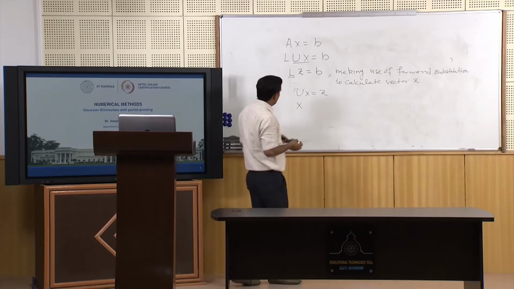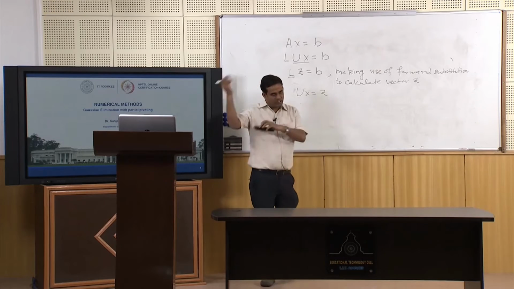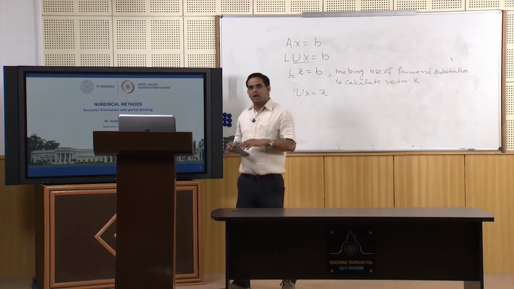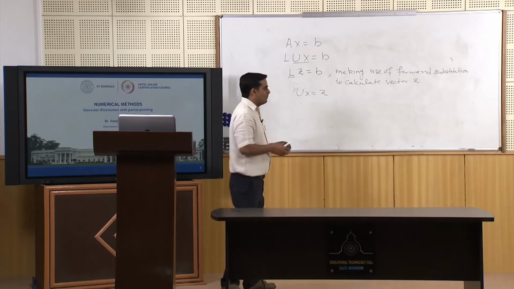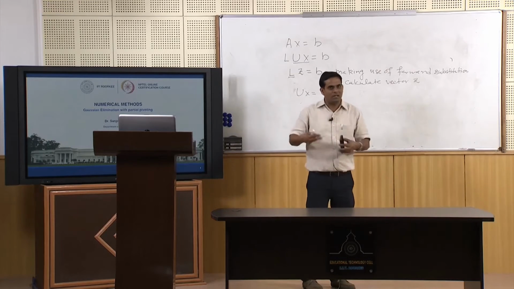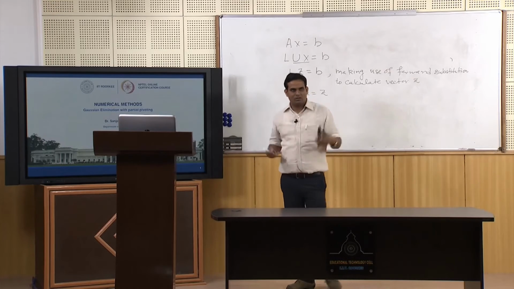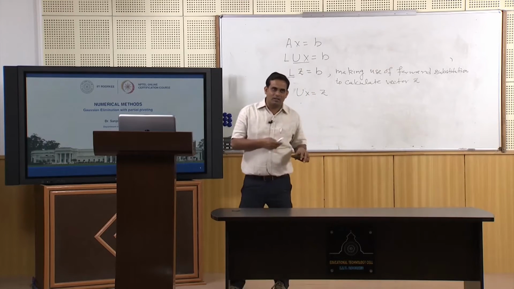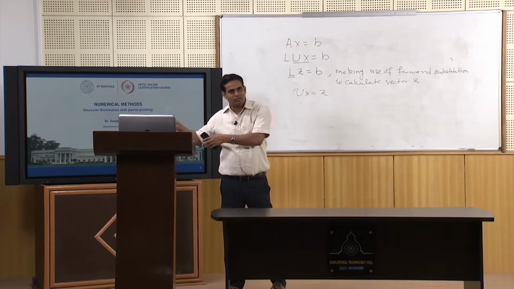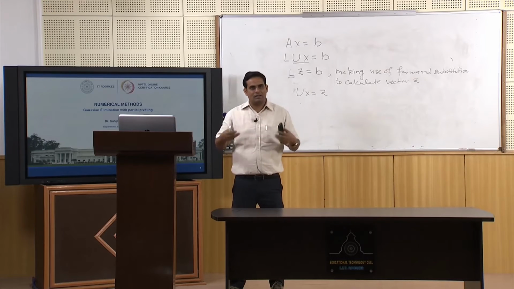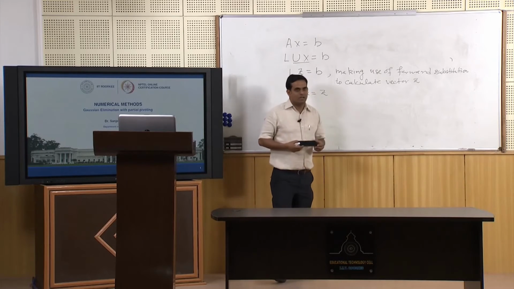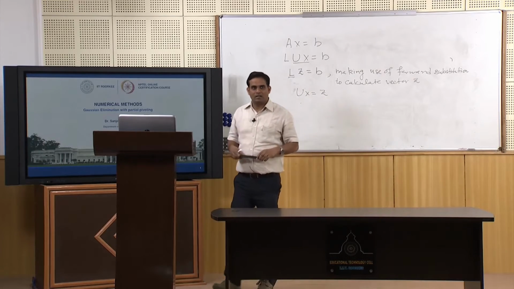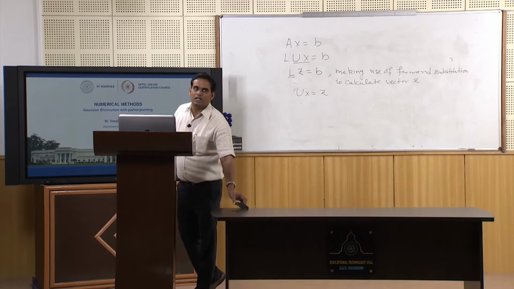So, from the last equation I will get the value of xn, I will substitute the value of xn in the penultimate equation, from there I will get the value of xn minus 1 and so on. Finally, substituting the values of xn, xn minus 1 up to x2, from the first equation I will get the value of x1, and this method is called Crout's method for solving the linear system of equations.